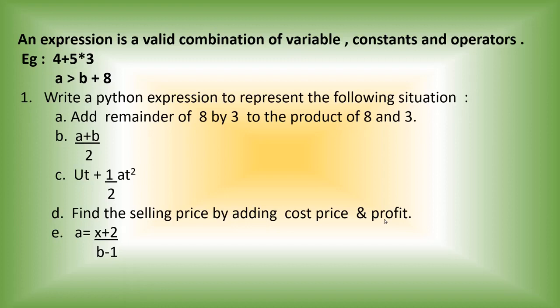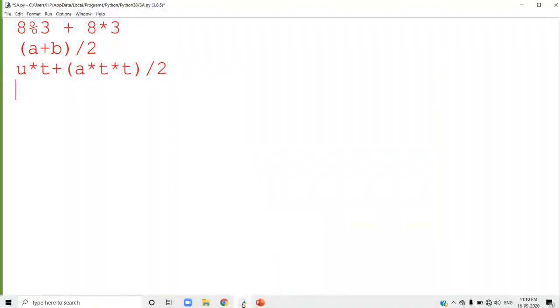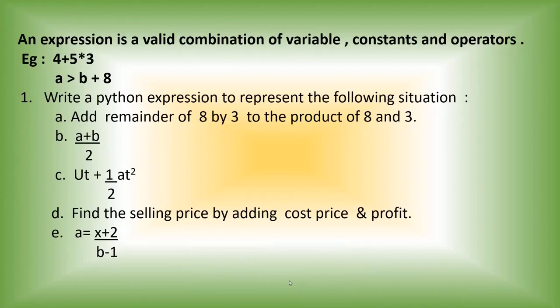Same way the next one. A equal to x plus 2 by b minus 1. X plus 2 together in the numerator, b minus 1 together in the denominator. So you can write it as A equal to x plus 2 divided by b minus 1.